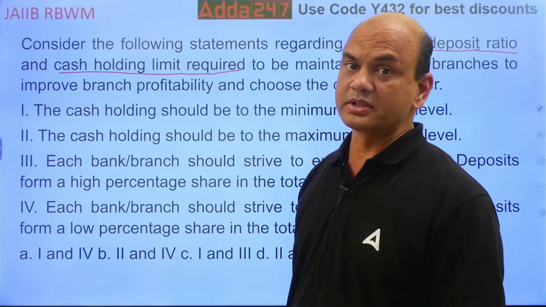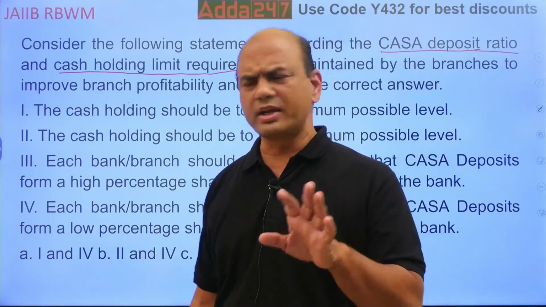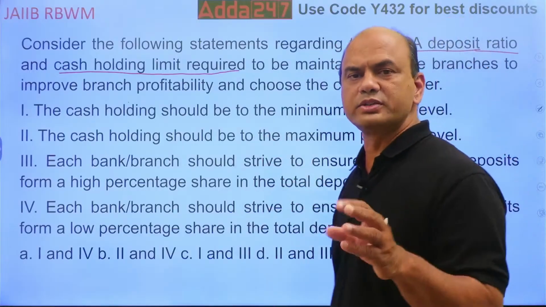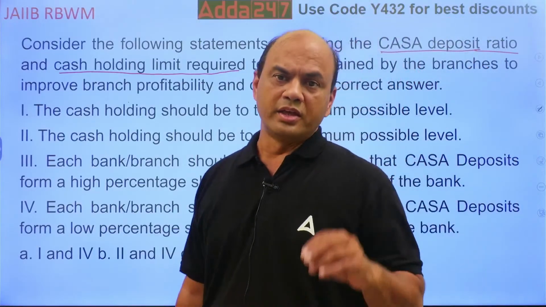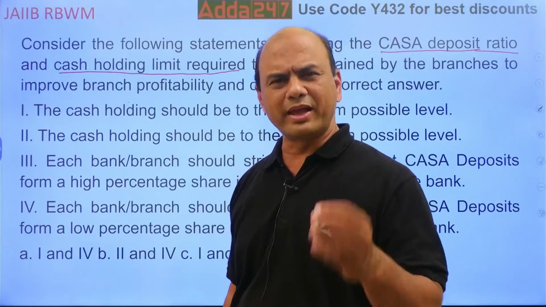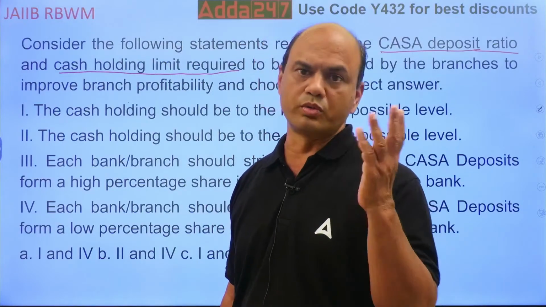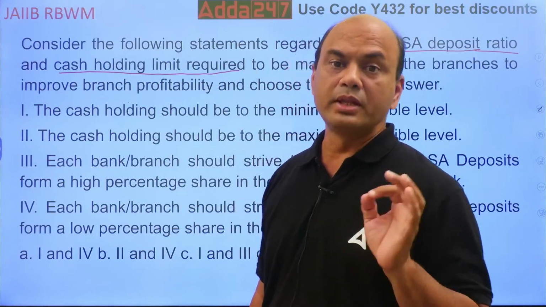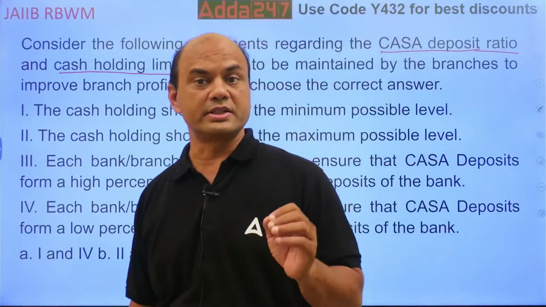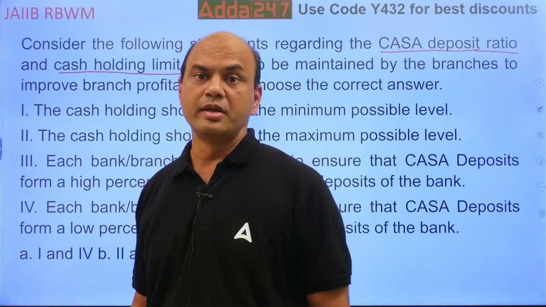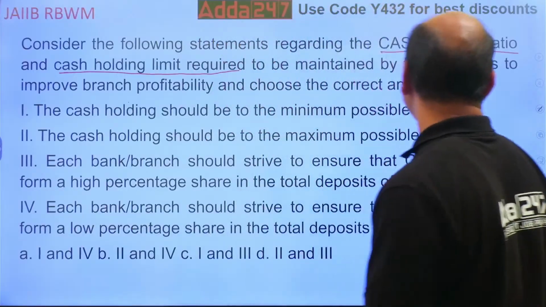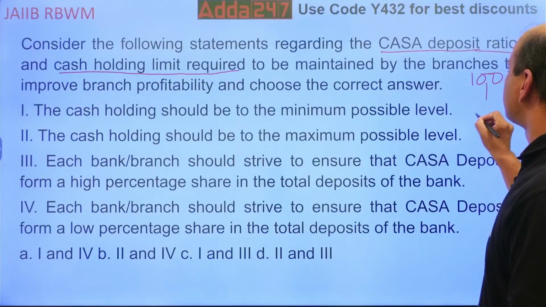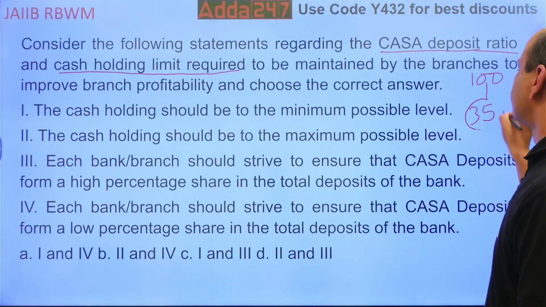Now CASA deposit, kindly note. One thing I'll make very clear over here. It's not mentioned, but I'll mention a few figures. If your branch or your bank wants to grow, you must have minimum 35% CASA. 35% means if my total deposits are, let's say, 100 rupees, then my CASA should be 35 rupees minimum.